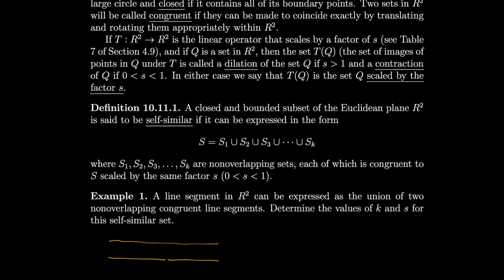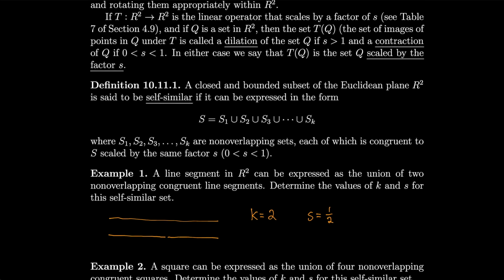I moved them a little bit apart so you could see, but you could line them up so that they're exactly two congruent pieces of that line segment. In any case, we have K equals 2 because we have two pieces, and each piece is half as big as the original, so S equals 1/2.